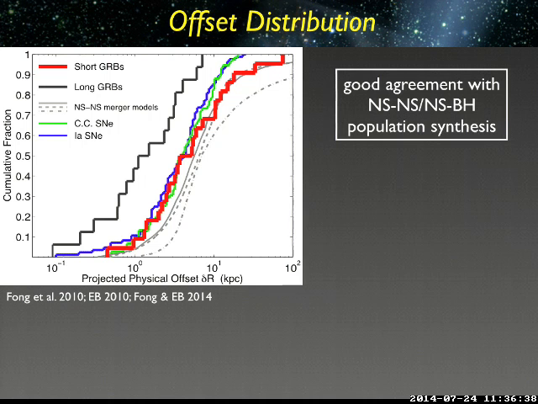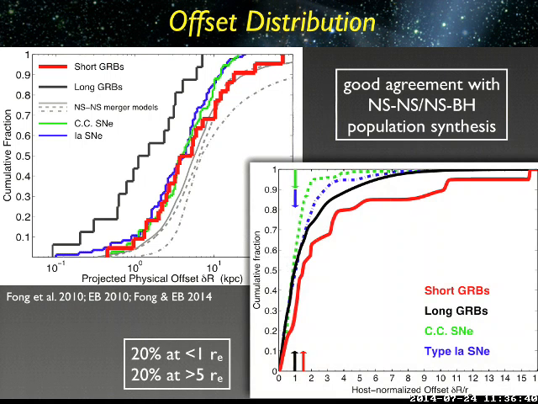Okay, and then we can also look at it slightly differently. Instead of how many kiloparsecs away, we can ask what's the distance from the galaxy in units of the size of the galaxy, the effective radius of the galaxy. And what you see again is that there's a tail to very large separations, many times the effective radius.